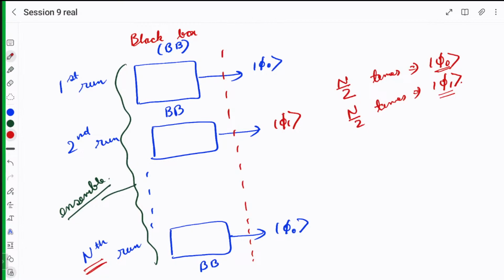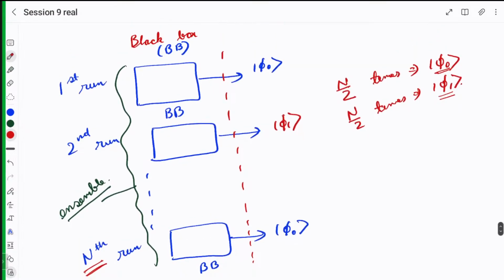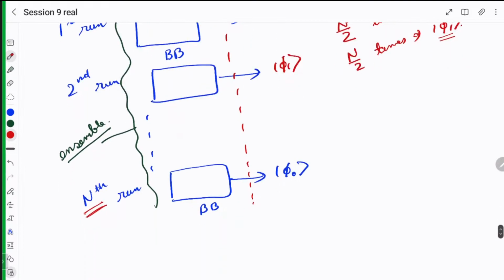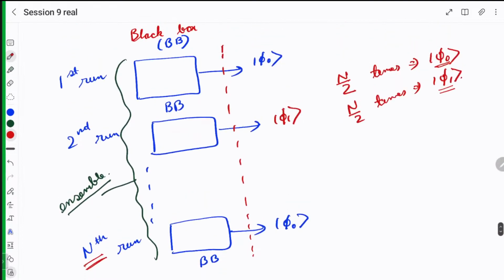Is that okay? Now, in such a case, I want to know what the state of the system is. It is clear that I cannot say that it is in ket phi naught, or that it is in ket phi 1. 50% of the times it is in phi naught, 50% of the times it is in phi 1.